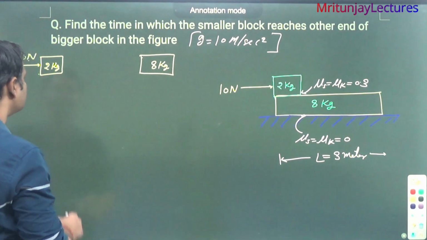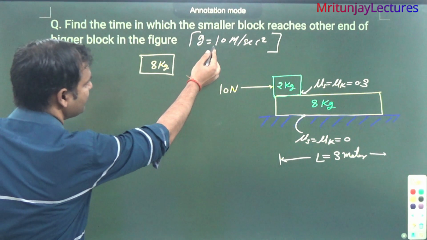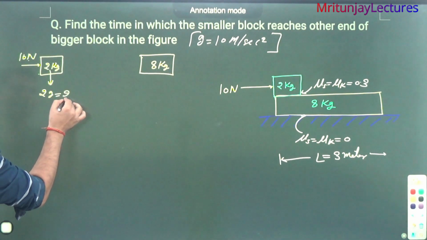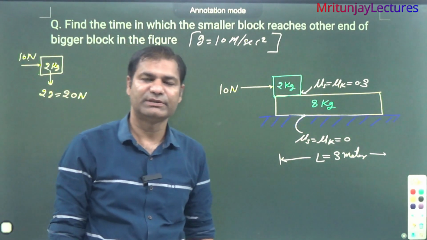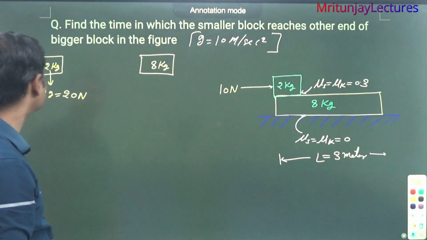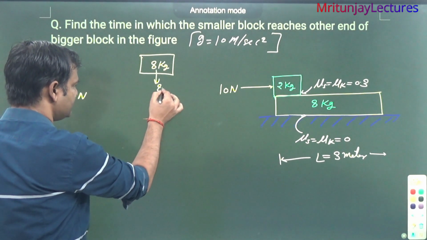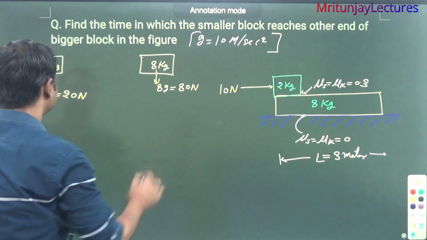The downward force: we take 2g, with g equal to 10 meter per second square, so 20 Newton, and here 8g, so you can say 80 Newton.